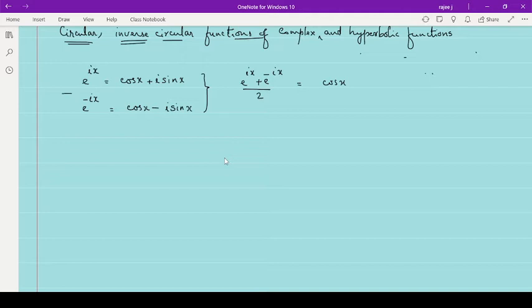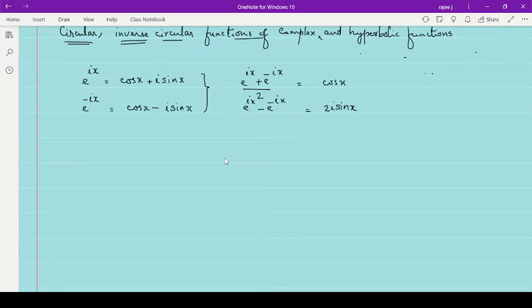Similarly, if I subtract these two, this minus this, what will happen? Cos x minus cos x will get cancelled, and i sin x, here minus minus becomes plus, so i sin x plus i sin x you will get as 2i sin x. 2i sin x is equal to e raised to ix minus e raised to minus ix.